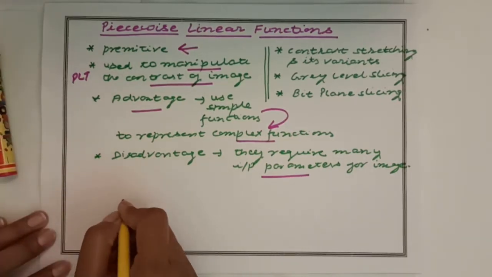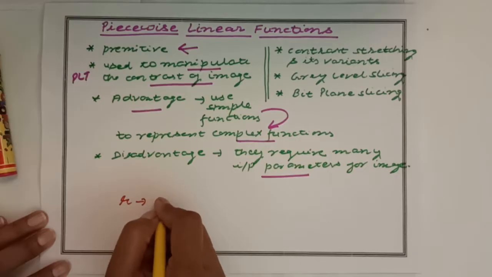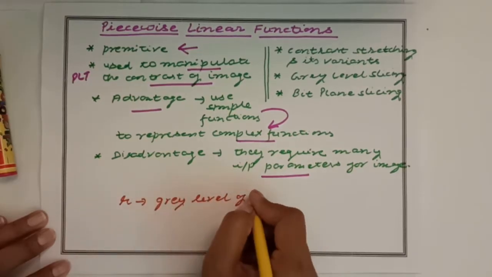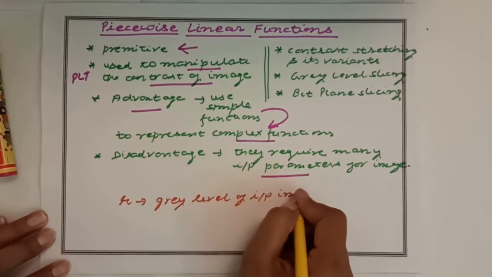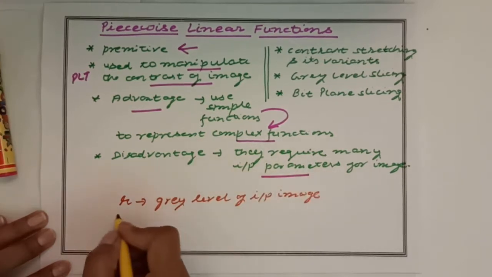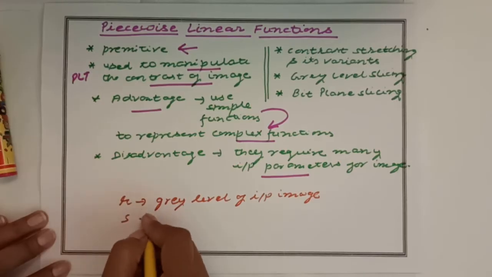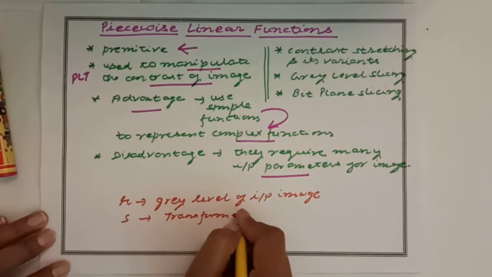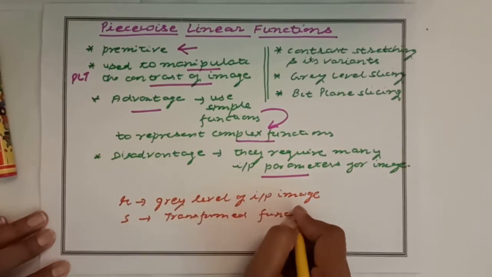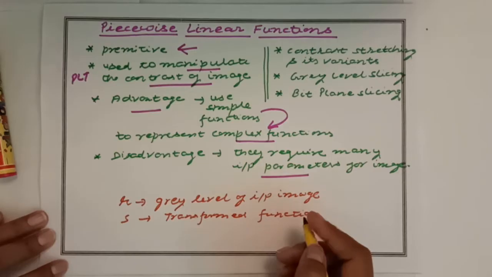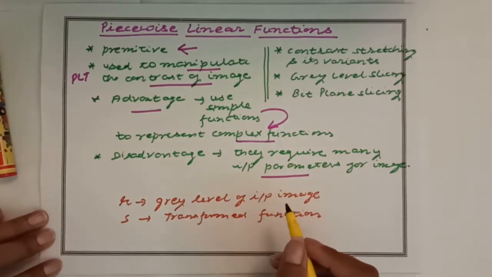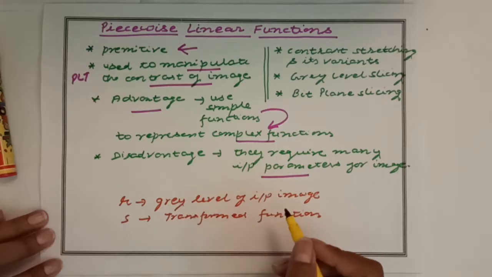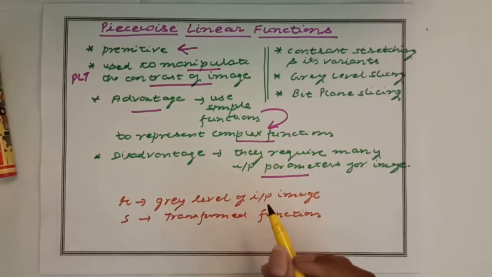If gray level of input image is represented by small r, and s is the transformed function. So let us start how to represent the piecewise linear functions mathematically and how it can be applied to the other applications.